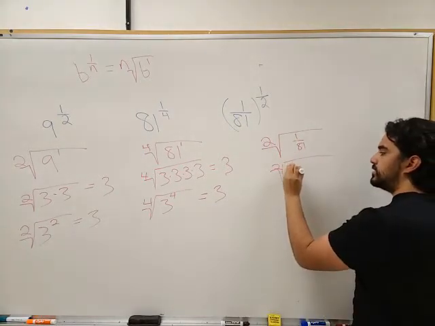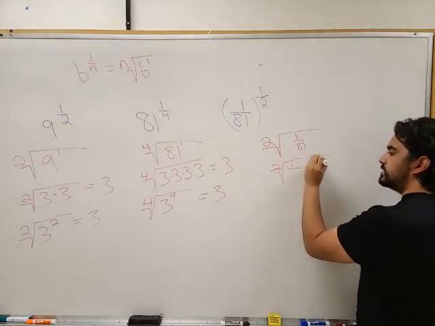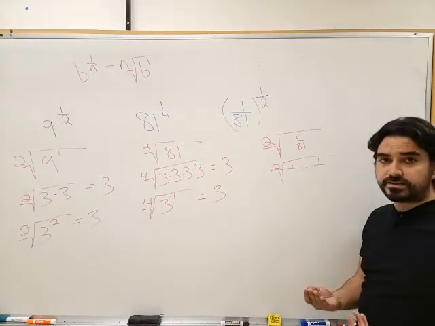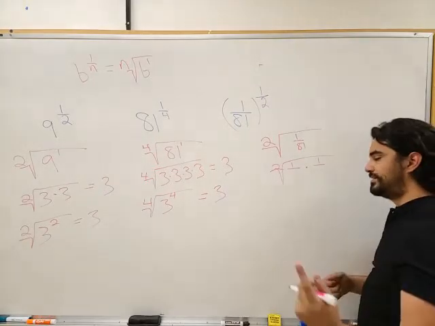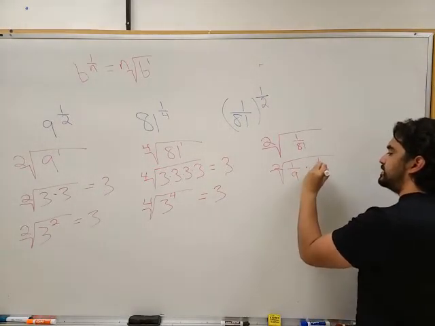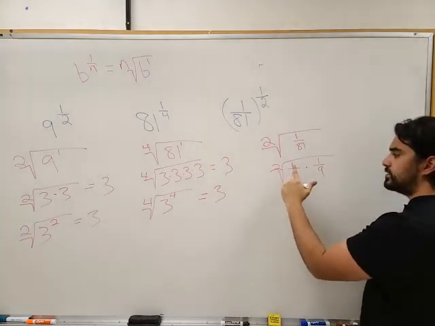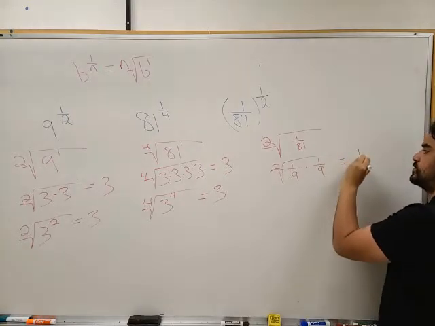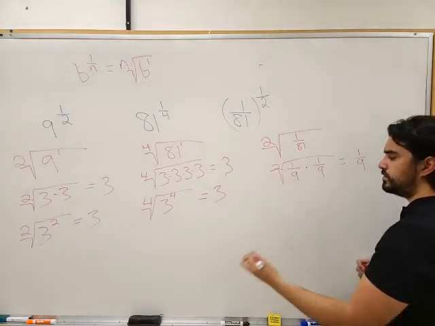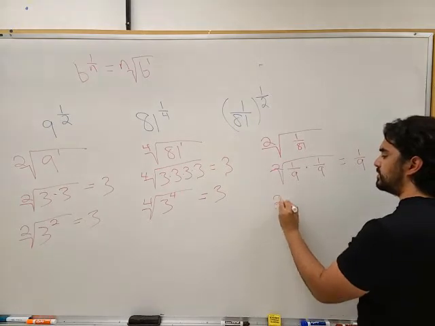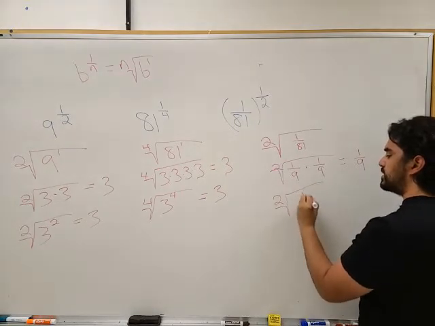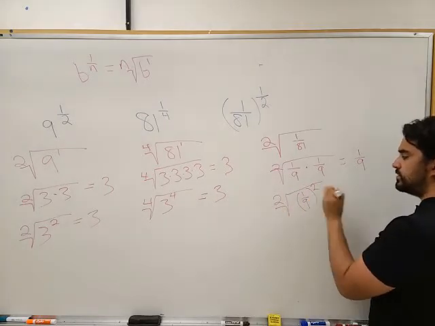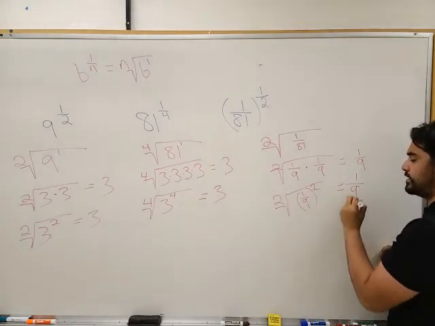Well, we know in my numerator it's going to be 1 times 1. Now my denominator, what 2 factors that are the same give me 81? 9 times 9. So we could say the square root of 1 over 9 times 1 over 9 is equal to 1/9. Or we could say the square root of 1/9 to the power of 2, 2 divided by 2 gives me 1, is equal to 1/9.